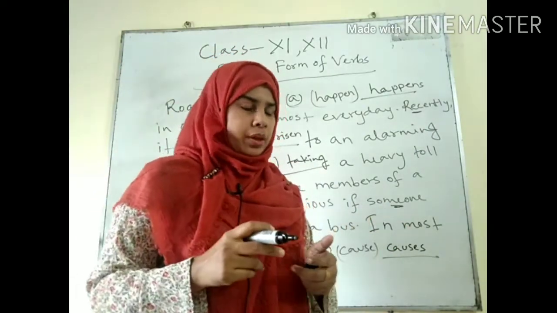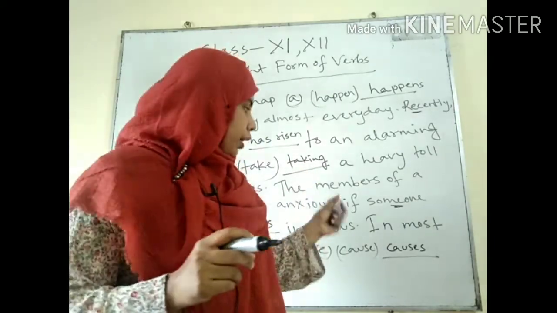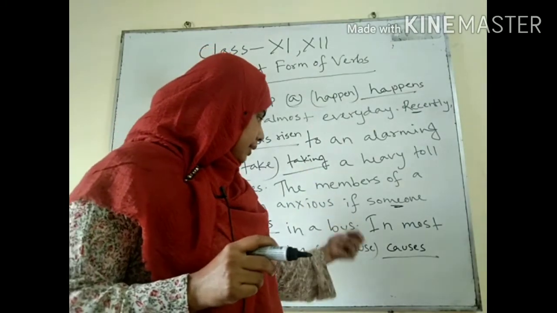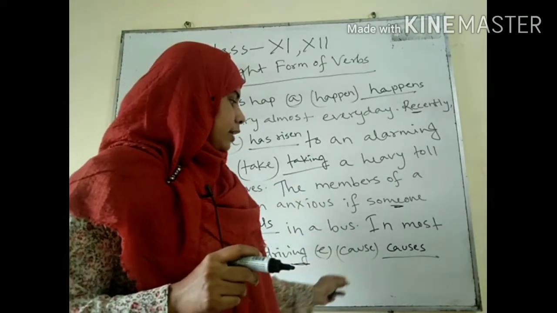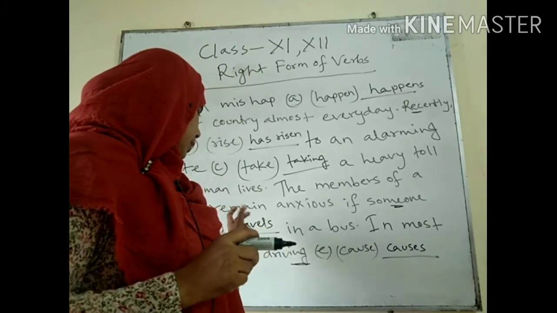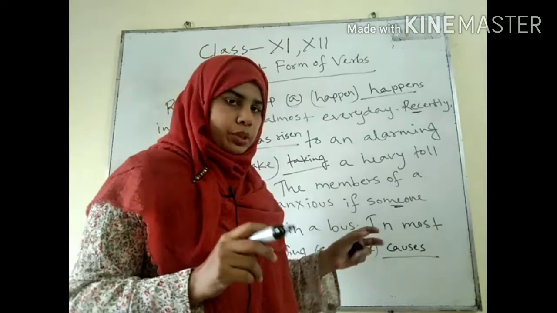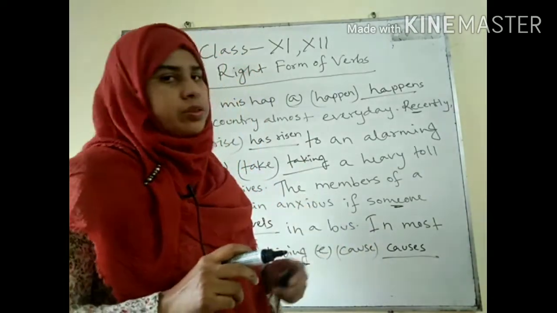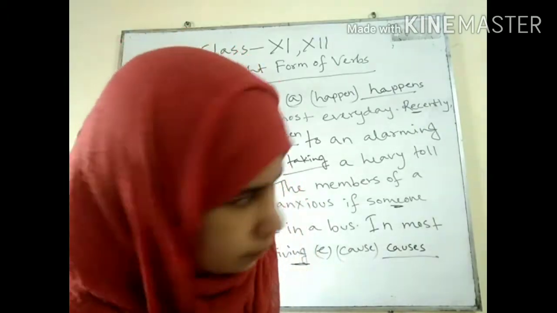So, first understand which tense the sentence is in, and if you identify the tense and then consider the subject, and then consider subject verb agreement, then you will be able to do the right form of verbs very well. Okay.